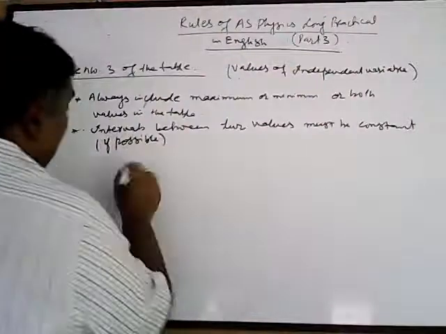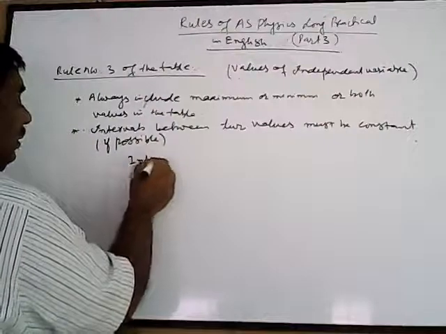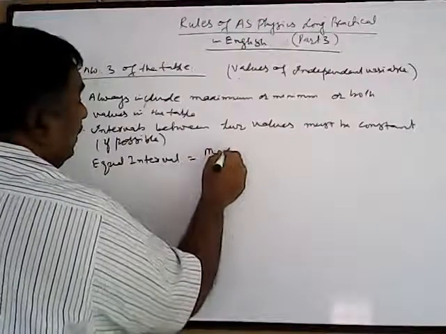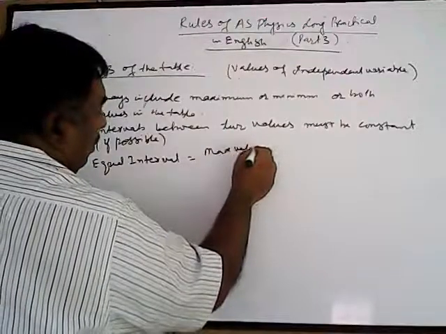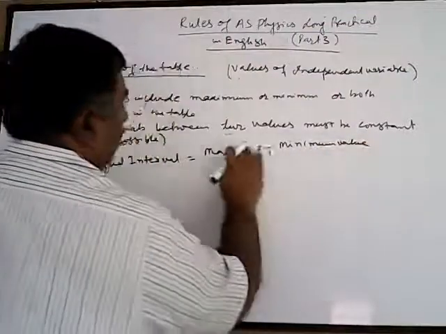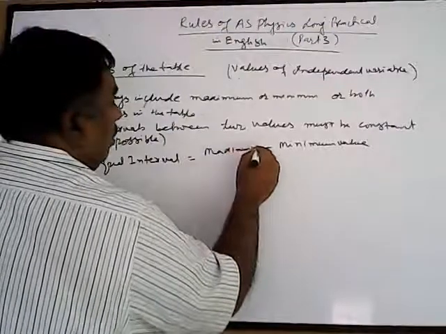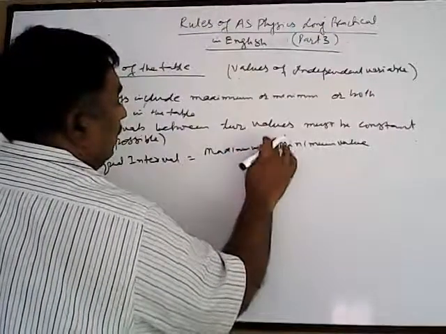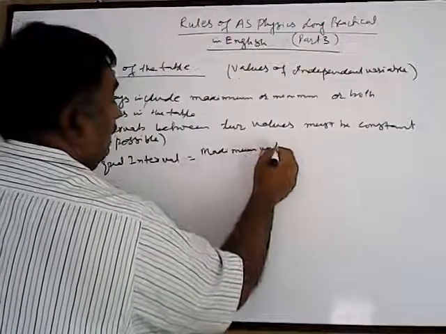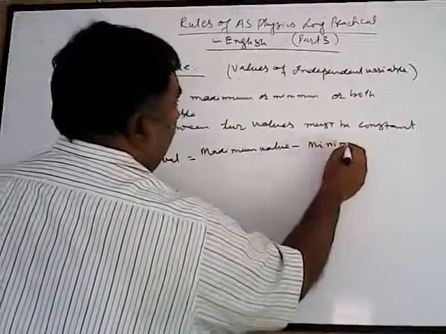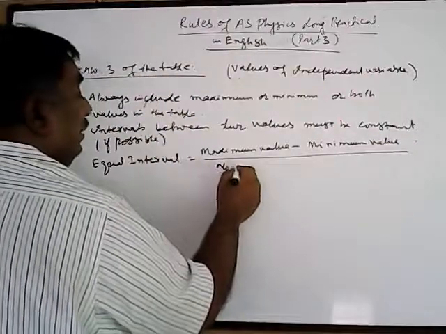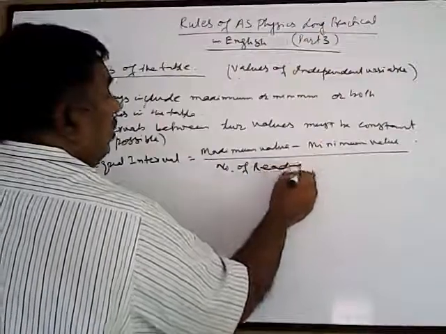And what's the formula for the interval? The formula for the equal interval is always the maximum value minus the minimum value, divided by the number of readings minus 1.